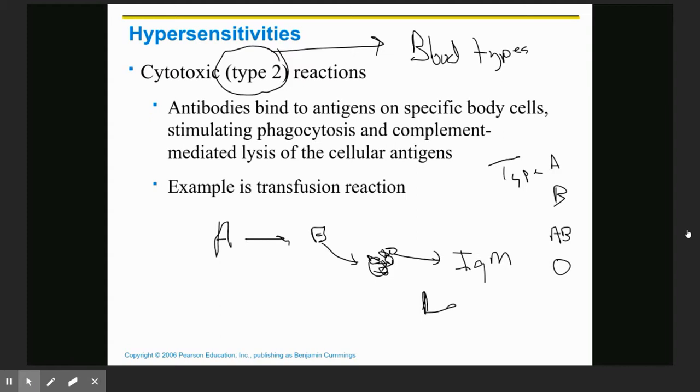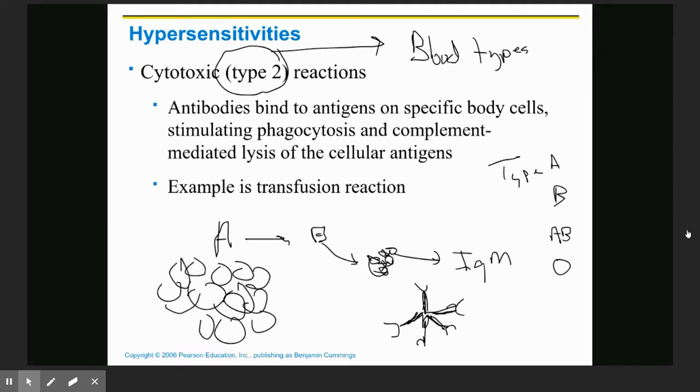And so when you have a pentamer, you've got 10 binding sites, which means that you can connect things together really, really easily. And so we connect red blood cell with red blood cell with red blood cell. This is not a clot, remember. It's a clump. It's an agglutination. So type 2 is an agglutination reaction.